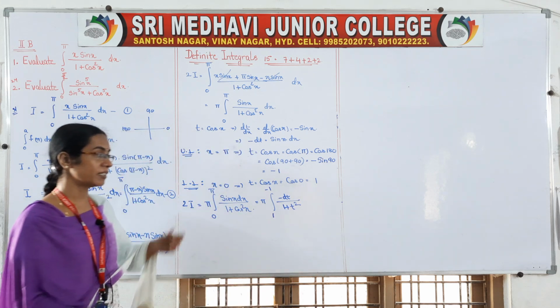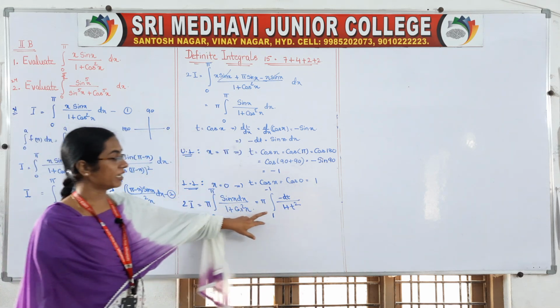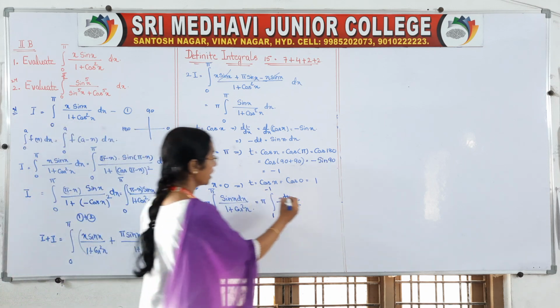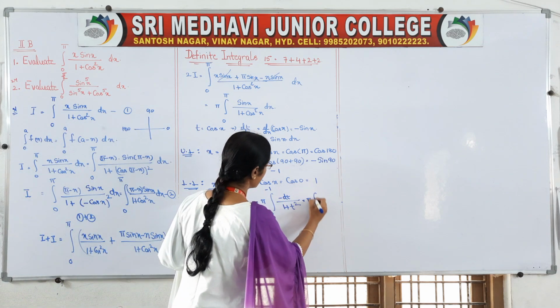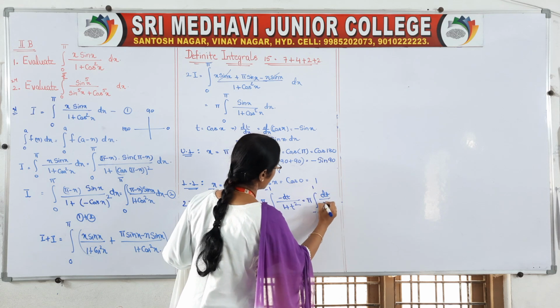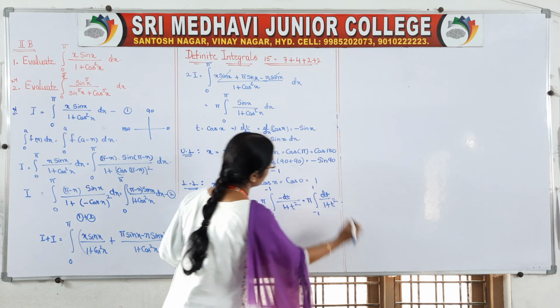Whenever there is a minus sign, we can interchange the limits. So we can write this as pi into the integral from minus 1 to 1 of dt by 1 plus t square.